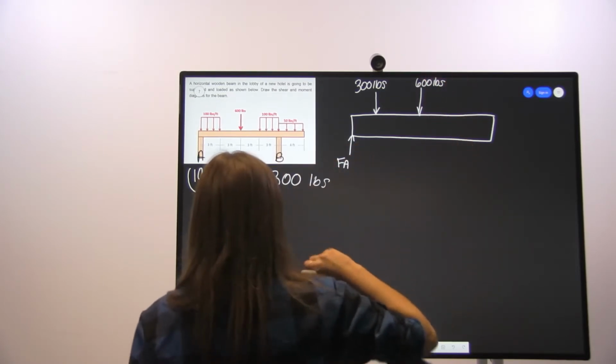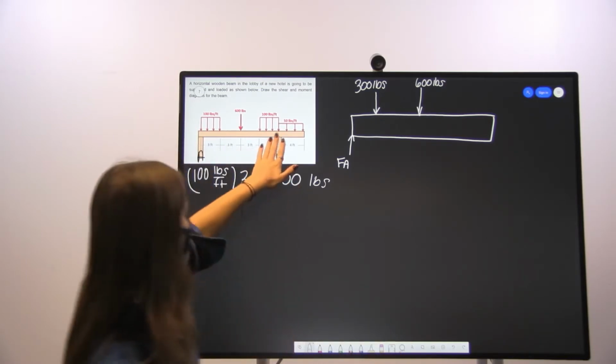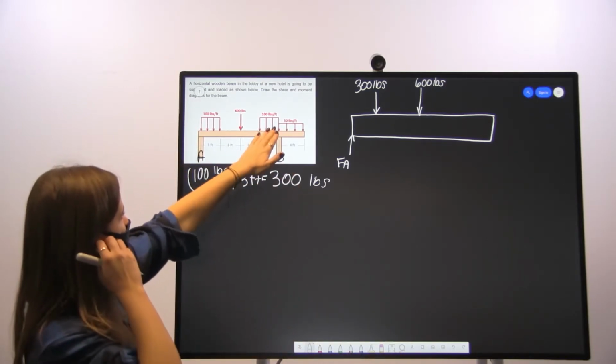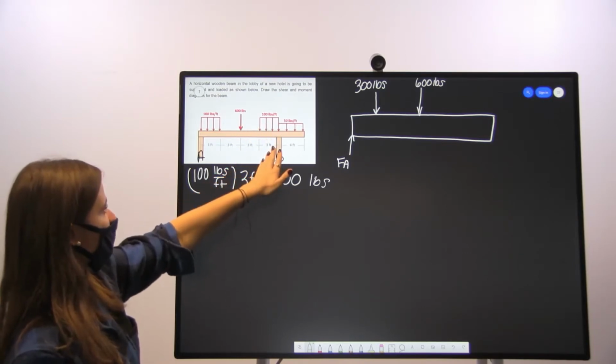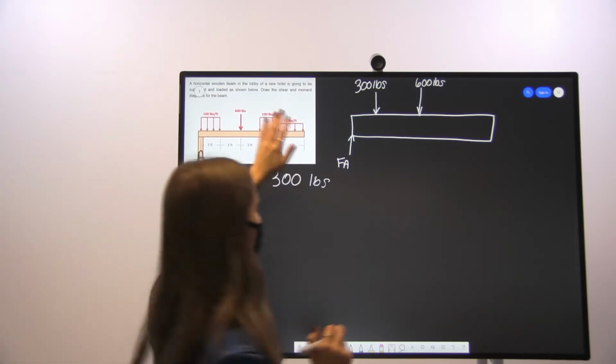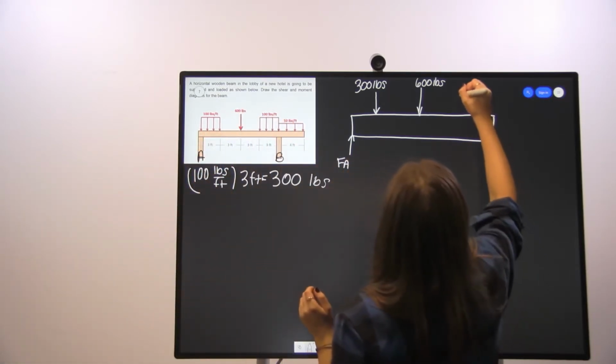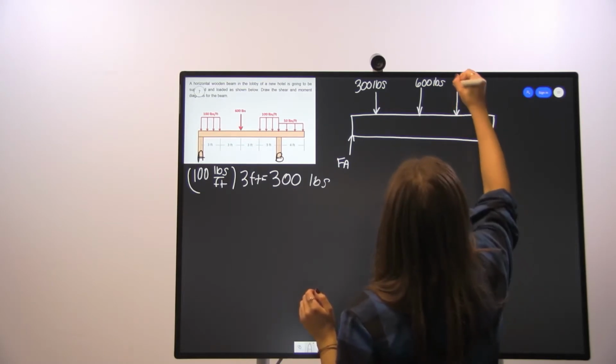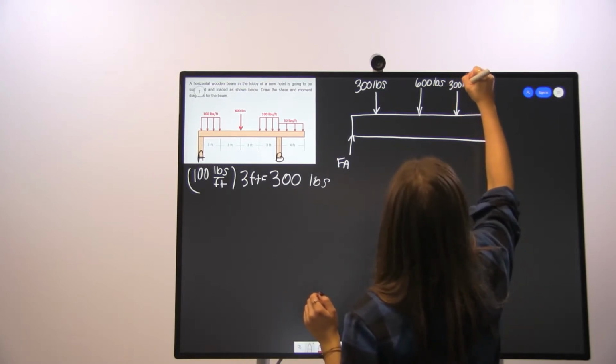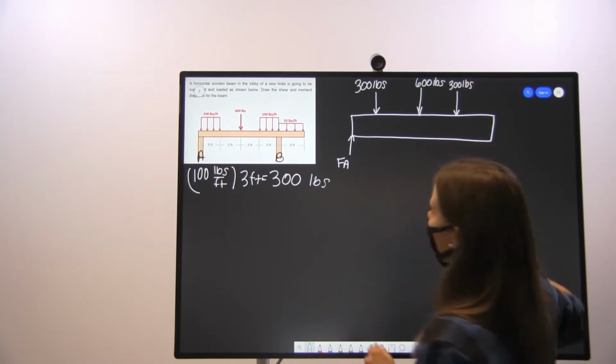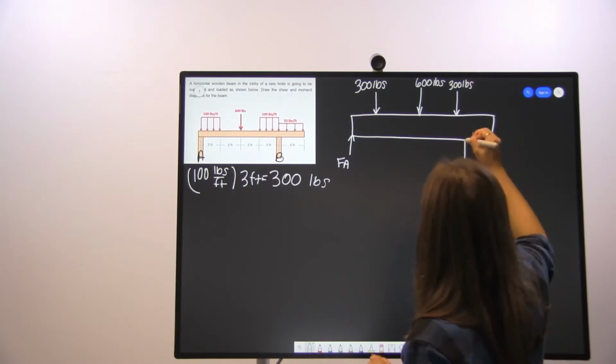And then we run into another distributed load. Same thing, it's 100 pounds per foot spanning over 3 feet. It's going to be a downward force of 300 pounds.